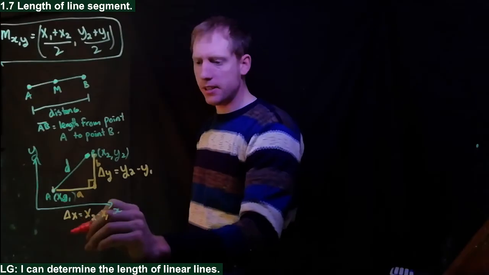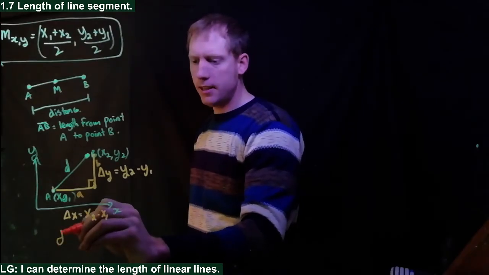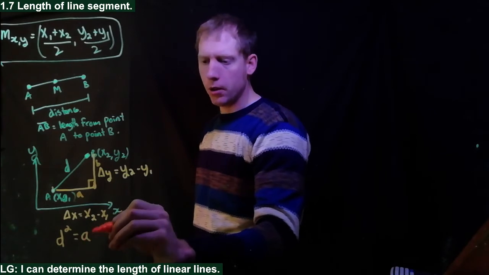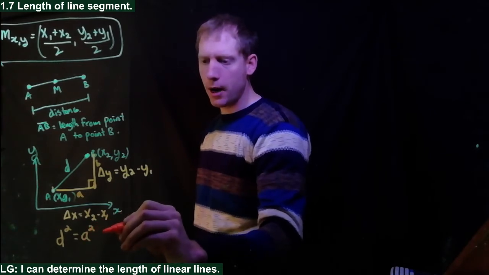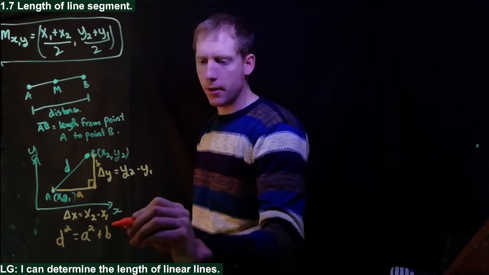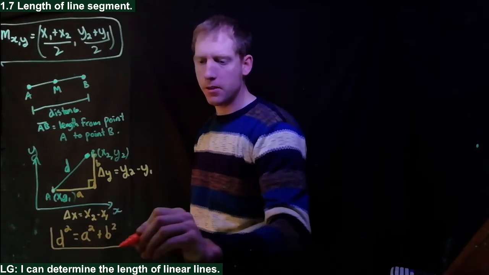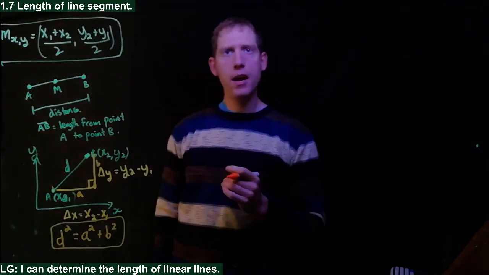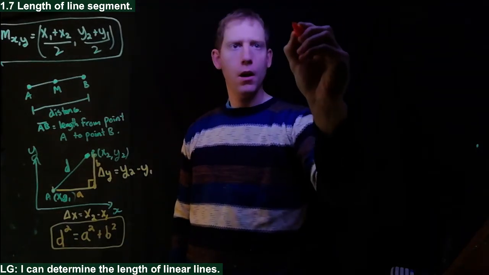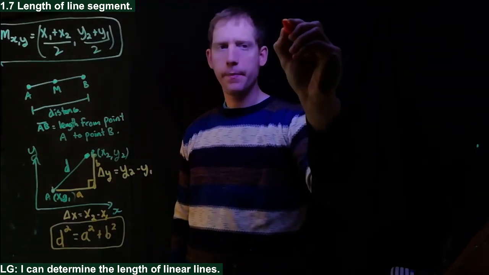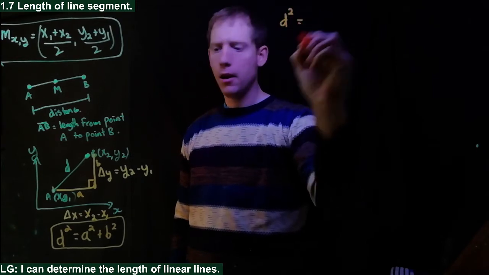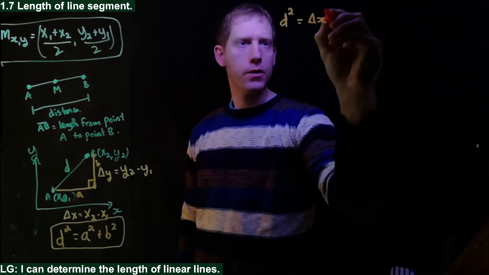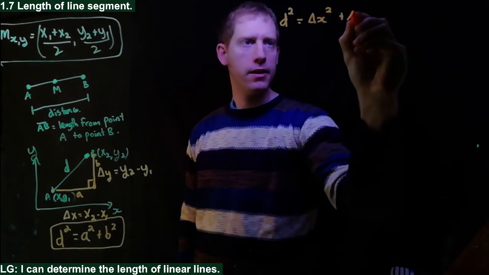Pythagoras' theorem says that the distance squared will be equal to the legs of the triangle squared, a squared plus b squared. This is Pythagoras' theorem. So then using this equation, the distance squared is equal to delta x squared plus delta y squared.